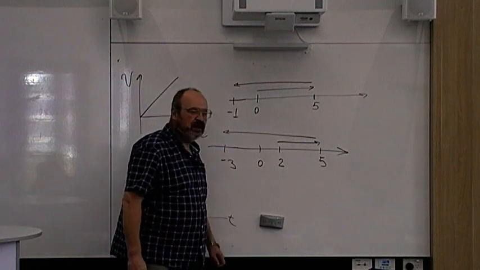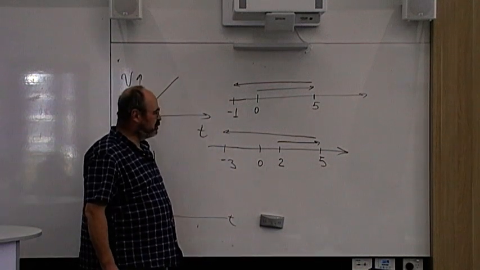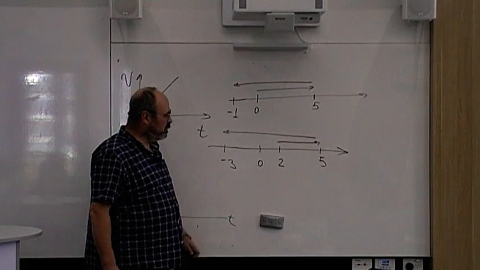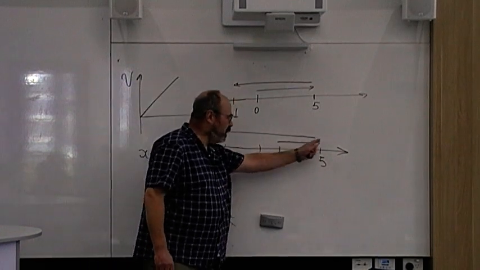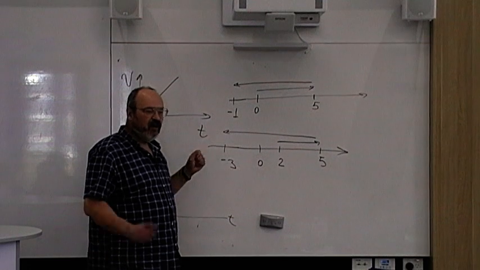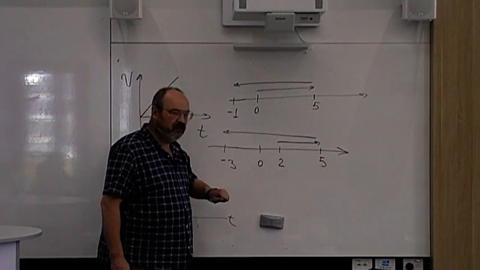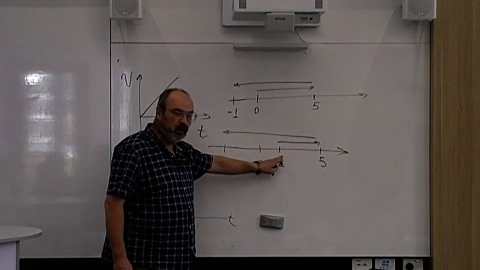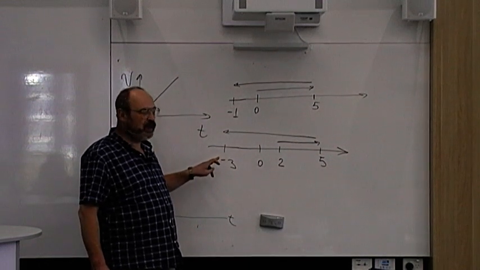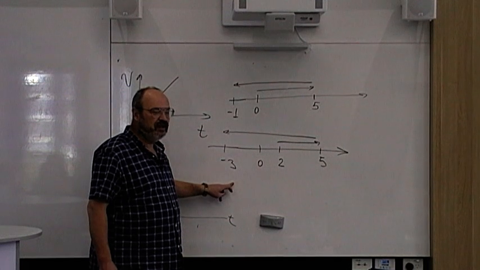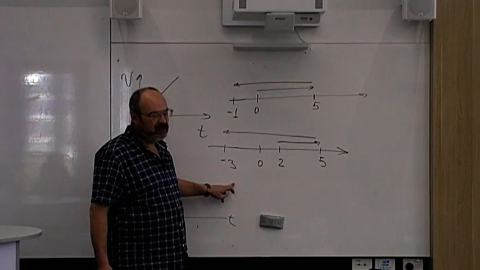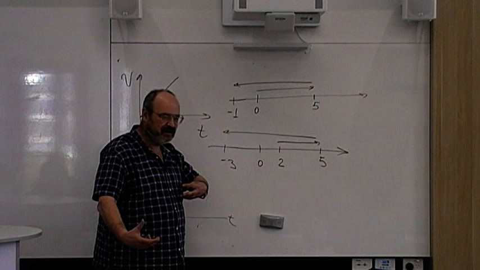First, what will be the distance traveled? 3 this way, and 8 backward is 11. What is the displacement? We started at 2 and finished at -3, so displacement is negative, -5. And what is the position? -3. So they all might be different.